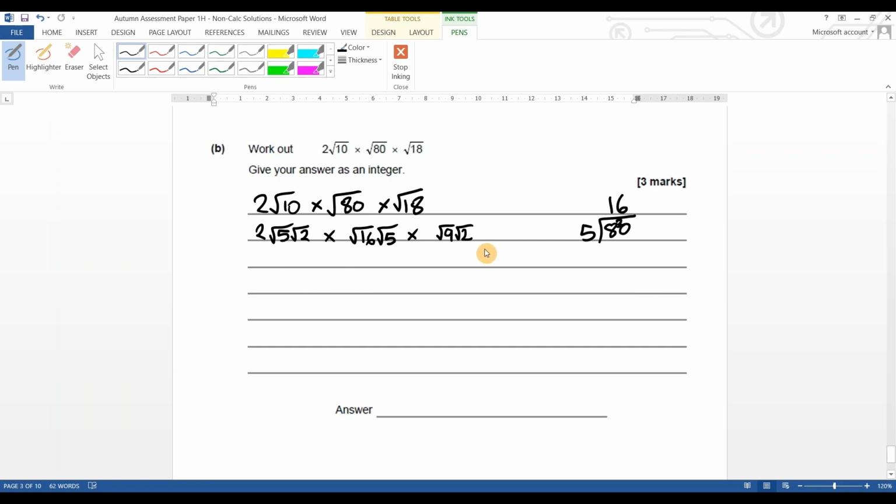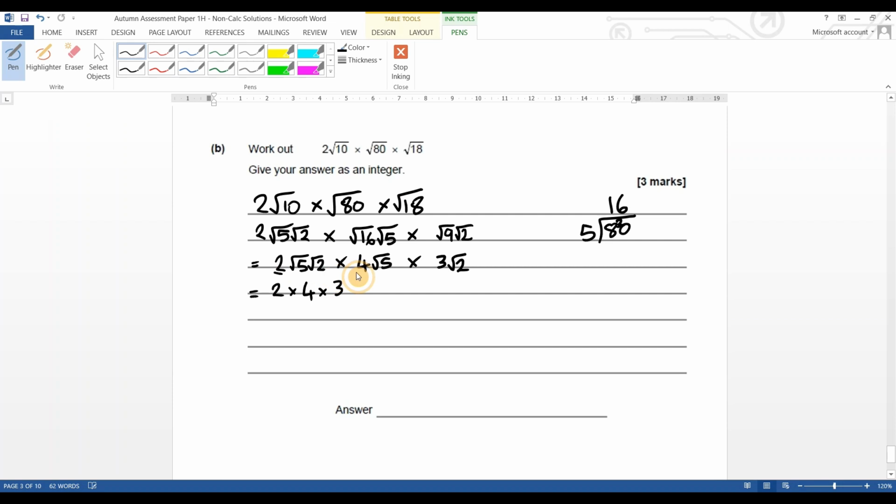Okay, and let's simplify even further. So that's going to give me, still got that, still got that, still got that. Can't do anything about that. That's going to give me 4 root 5. That's going to give me 3 root 2. Okay, let's bring these together. So I've got 2 times 4 times 3.